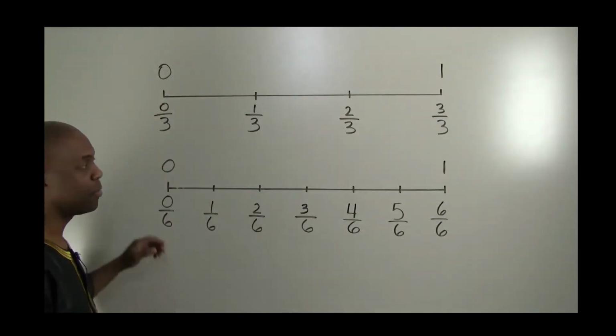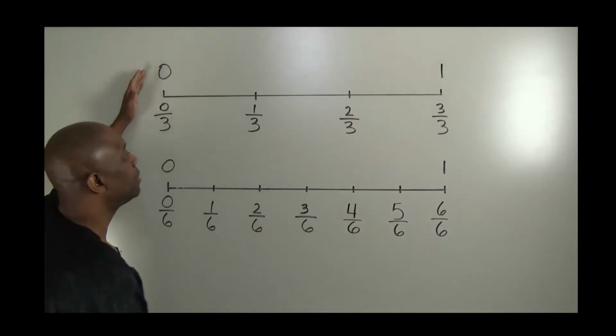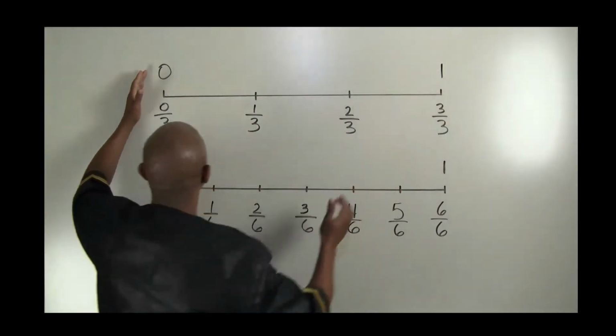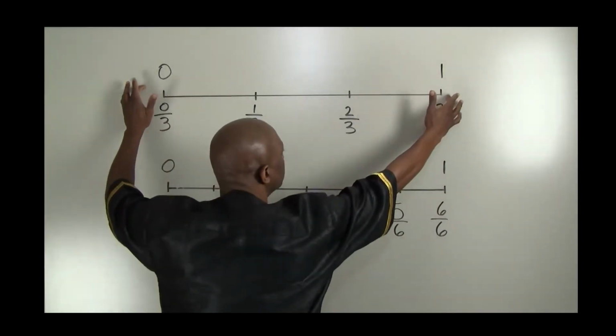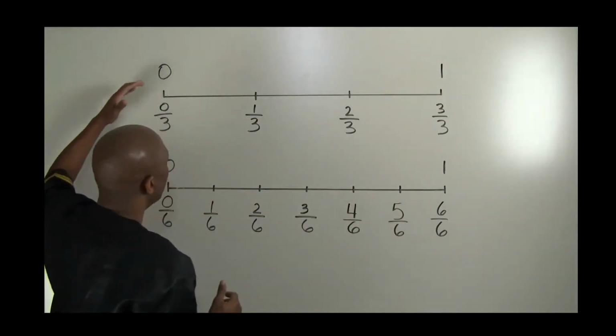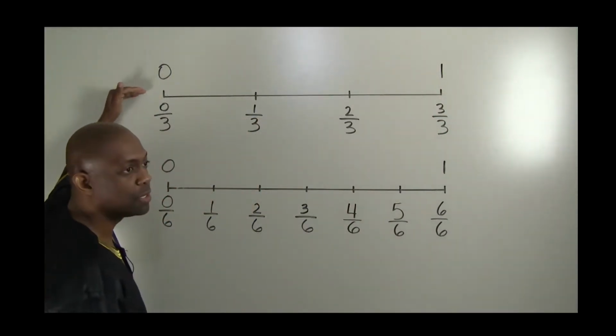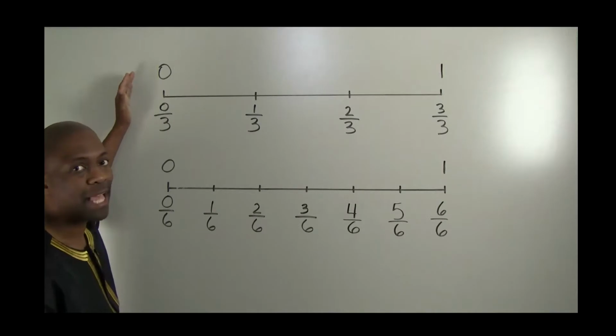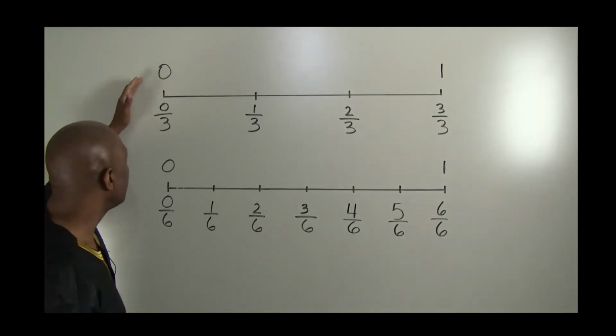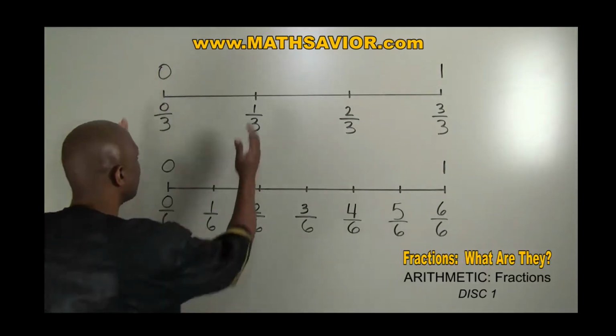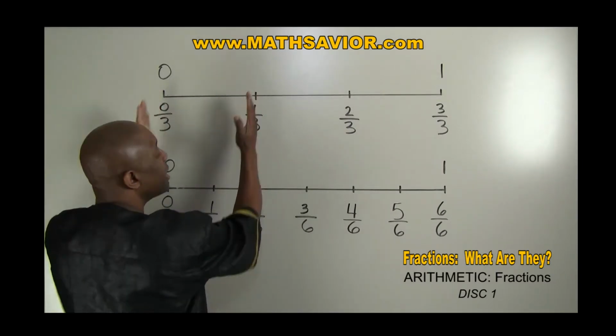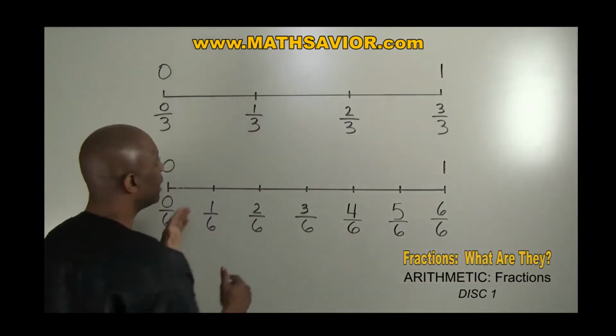Here's an example where we have taken 2 unit segments of length 1, and we have divided the first one into short segments of thirds. That means that this segment from here to here is exactly 1/3.